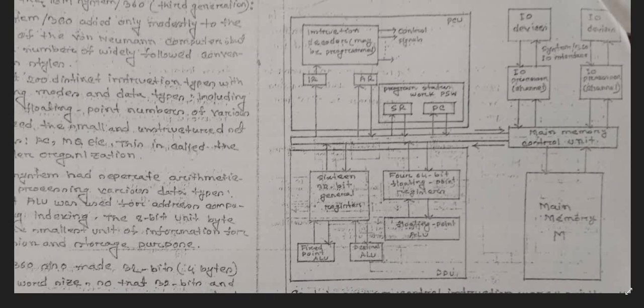Here we have I/O devices which are connected with the main memory section by the main memory controller unit. The I/O section is not directly connected with the main memory. First they are connected with the main memory control unit and then they are connected with the main memory section.